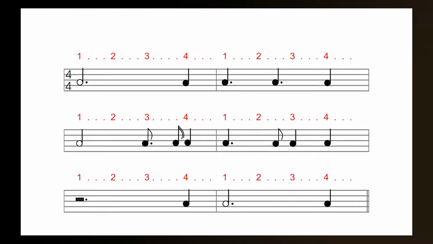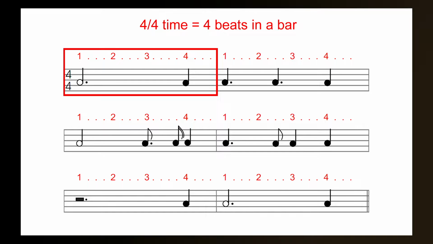An important thing to note is that even when we're using dots, the number of beats in each bar should remain the same. For example, we've got a 4/4 piece of music here, which means 4 full beats. The first bar is made up of a dotted minim, which is 3 beats, and a crotchet, so that's 4 beats.